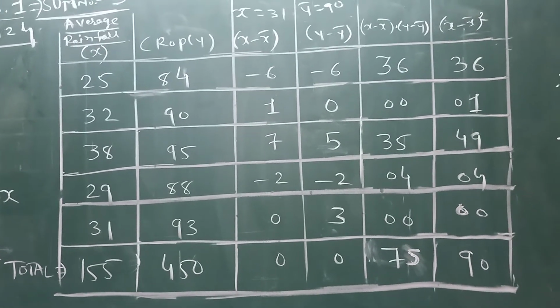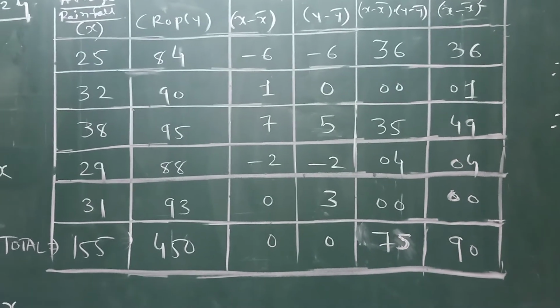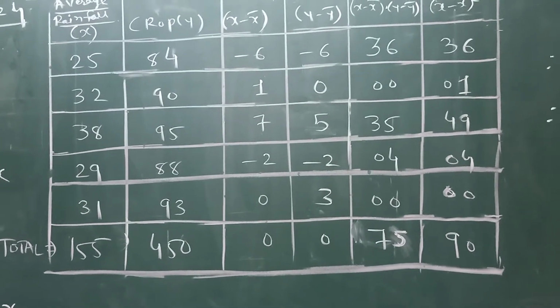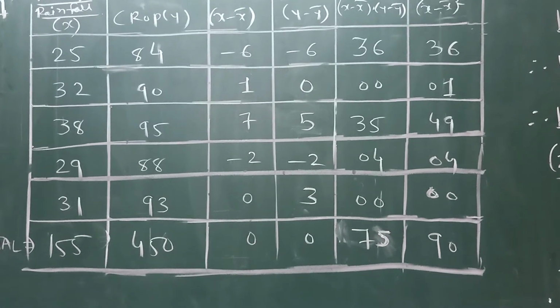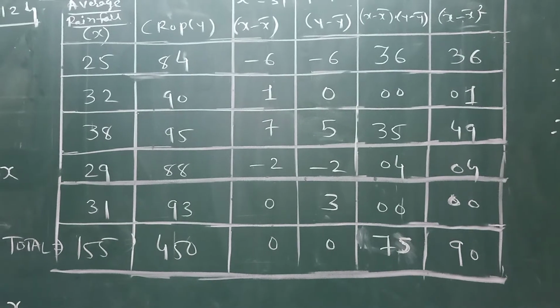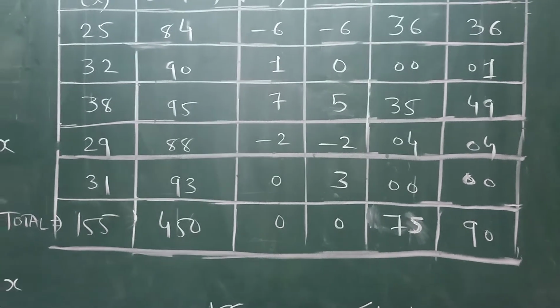Two columns they provide. Average rainfall is X and the crop is Y. First we do the total of the X column and Y column, 155, 450.